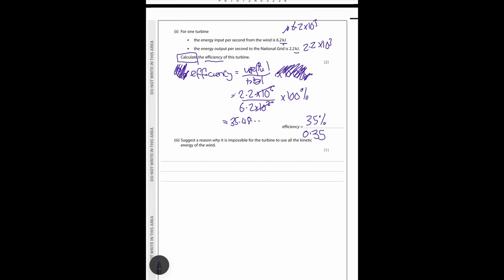In this situation, because it doesn't say one or the other, you can choose which one you're going to give, as long as your working is very clear. Just look out for it in the real exam. It might say what is the percentage efficiency, in which case you have to give the percentage. If it says what is the fraction efficiency, I've not really seen that very often, but then it would be that one.